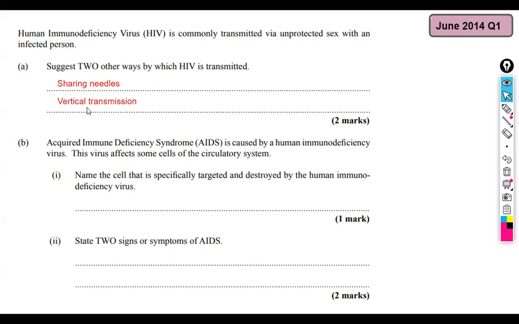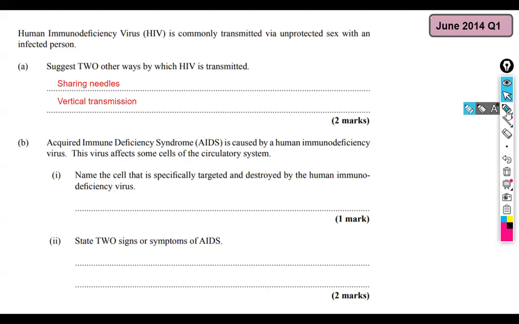And vertical transmission, I'm using a big term there, vertical transmission. Remember, vertical transmission is the transmission of something from mother to child while the mother is what? Pregnant. That's vertical transmission.